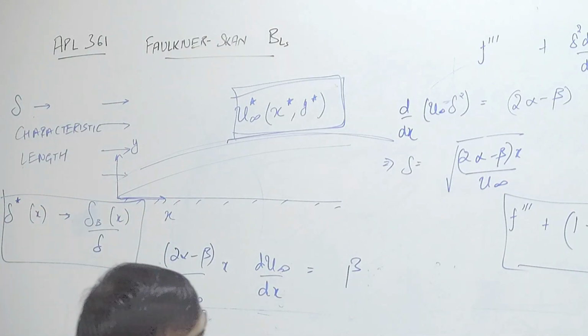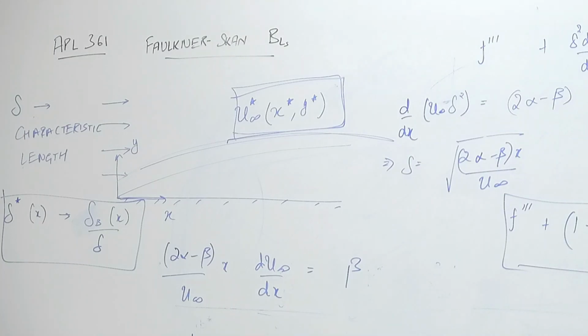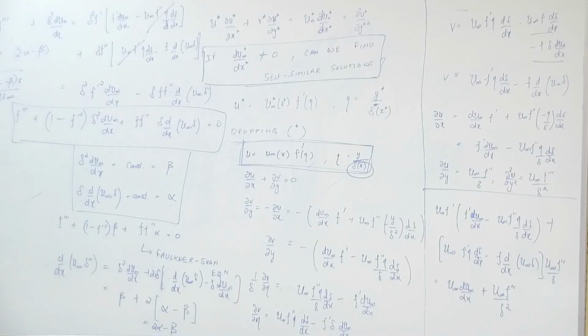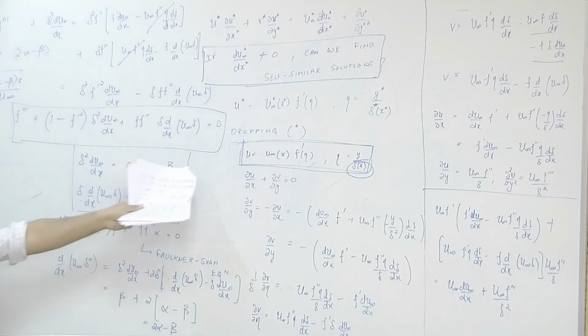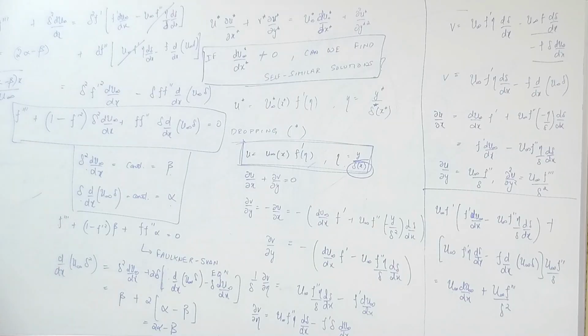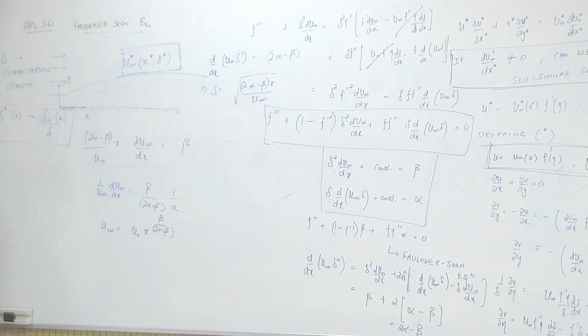I didn't write that because otherwise you'll get confused about what is delta and where is delta star, so there should be delta star here. So remember that we have dropped the stars everywhere. After this point, it should have a star. We are putting stars for dimensionless quantities. All of these quantities are dimensionless. This u infinity is also dimensionless.